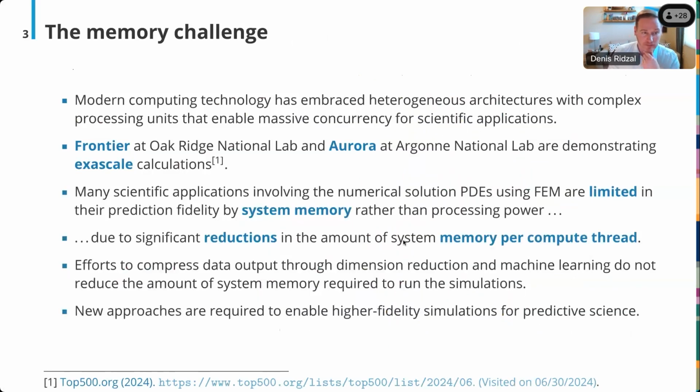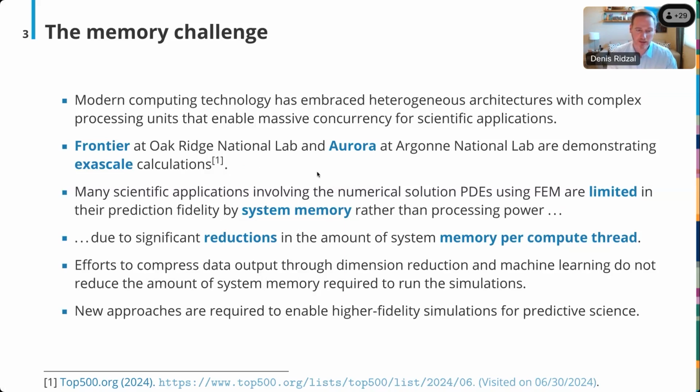Here are just a few remarks on where we are with memory use. Modern computing has embraced massive concurrency. Now we have million-way concurrency in many scientific applications. Frontier and Aurora are already running exascale calculations, but many applications requiring the numerical solution of PDEs are not limited by the sheer speed of the system, but actually by the system memory.